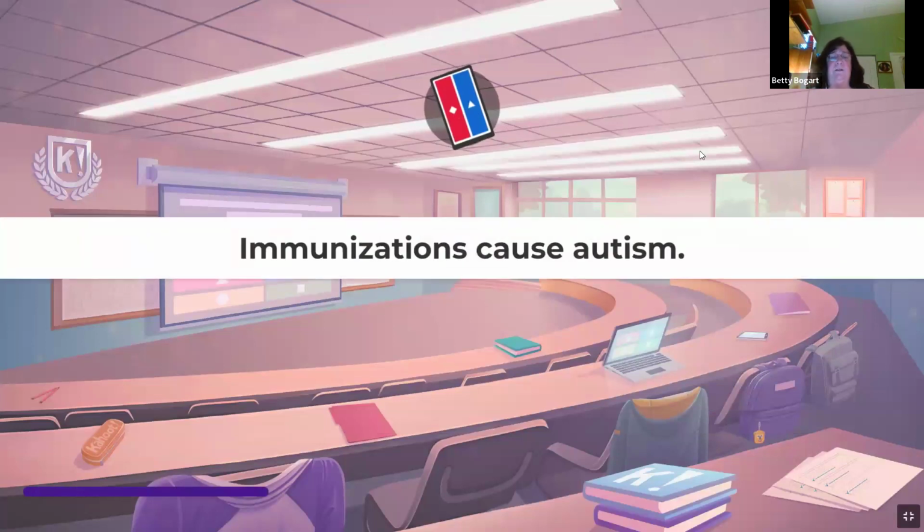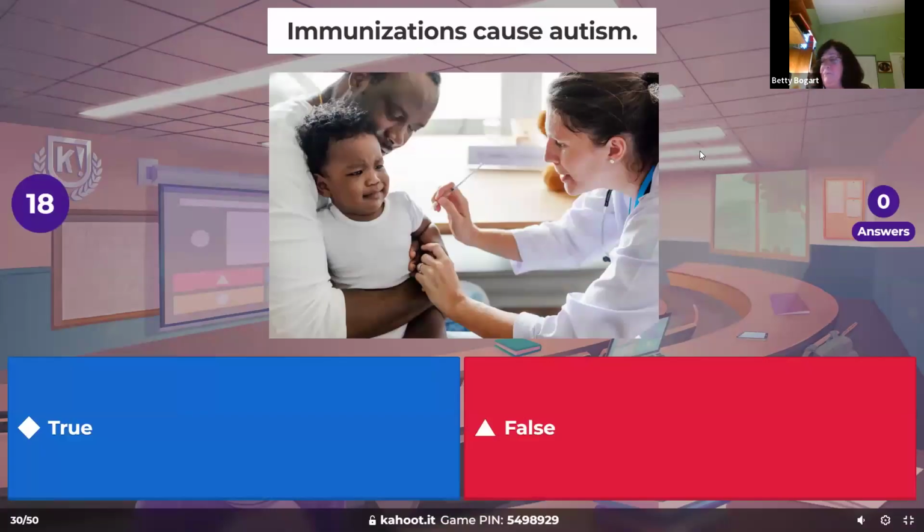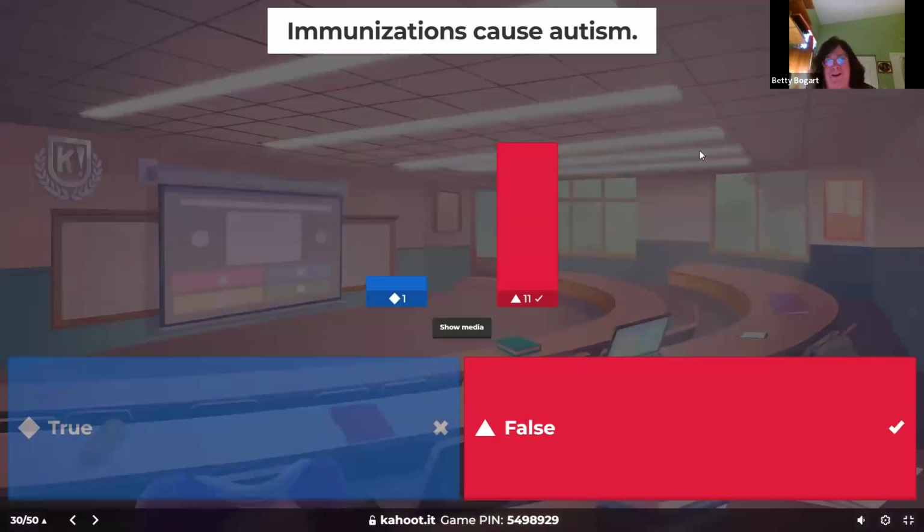True or false? Immunizations cause autism. Absolutely not. The reason I put this in here is because it still may be a misnomer.